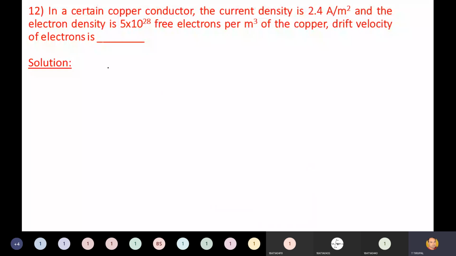In a certain copper conductor, the current density is given by what? J. Send me the answer.